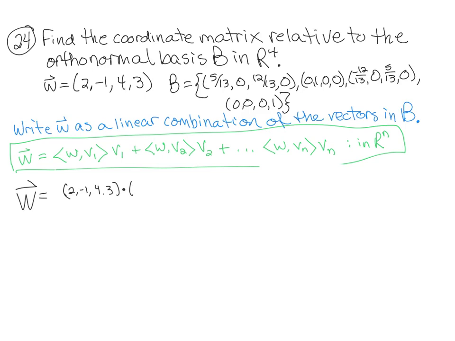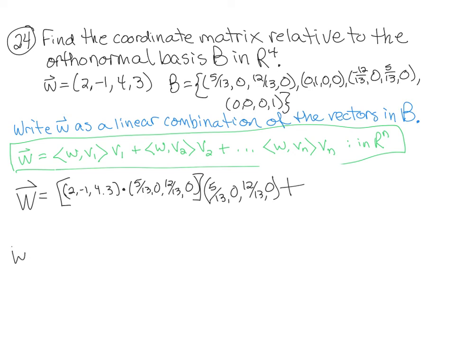Dotted with the first vector, (5/13, 0, 12/13, 0). And that's just a scalar right there. So that's a number, and we're going to multiply that by the vector itself. I'm not going to write this out for the rest of them. I'll just do the arithmetic in my head, plus continue on.